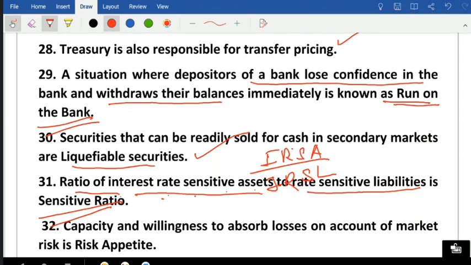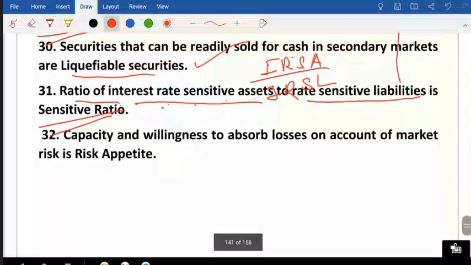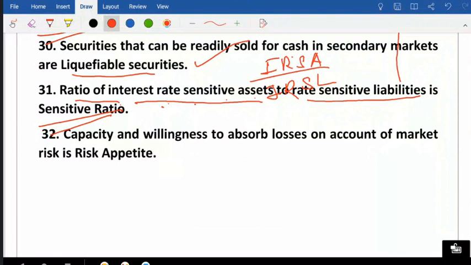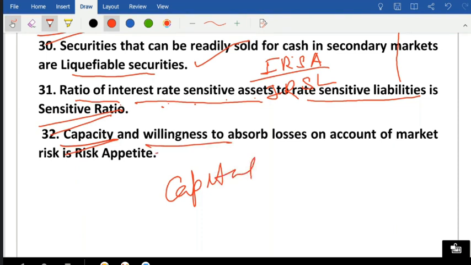The capacity and willingness to absorb loss on account of market risk is the risk appetite. How much risk you can absorb or hold without any further bad name, that's called your risk appetite. Capacity will come only when capital is there, and willingness to absorb means taking the risk. That is called the risk appetite.